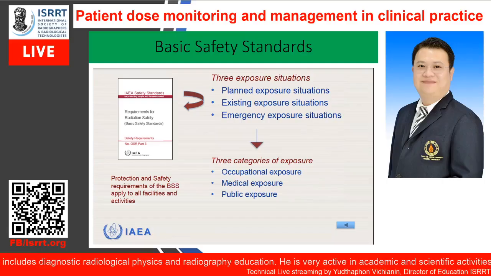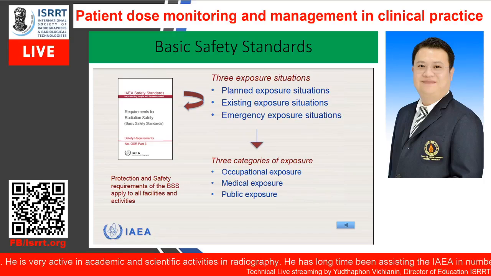The international basic safety standard by the International Atomic Energy Agency, the IAEA, is the foundation for all IAEA or United Nations member states, so that they have regulation based on this basic safety standard.